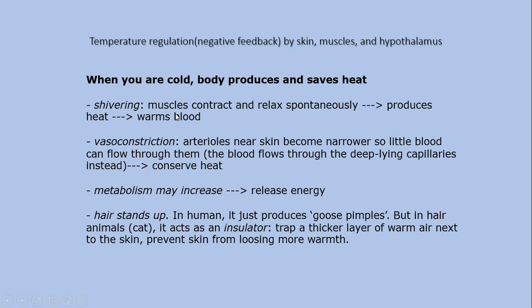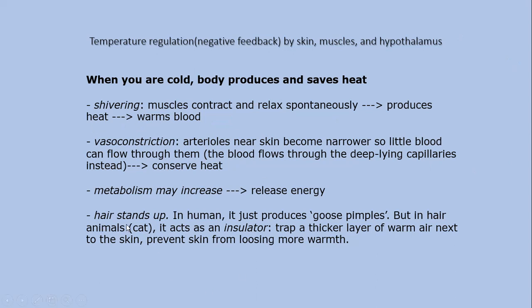When you feel cold, you feel that your muscles shake or you have shivering. This happens in order to make the muscles contract. Once they contract, that means they need energy to contract. So what they do, they respire. And as we know, respiration releases heat. So this produces heat to make you warm, which warms blood.